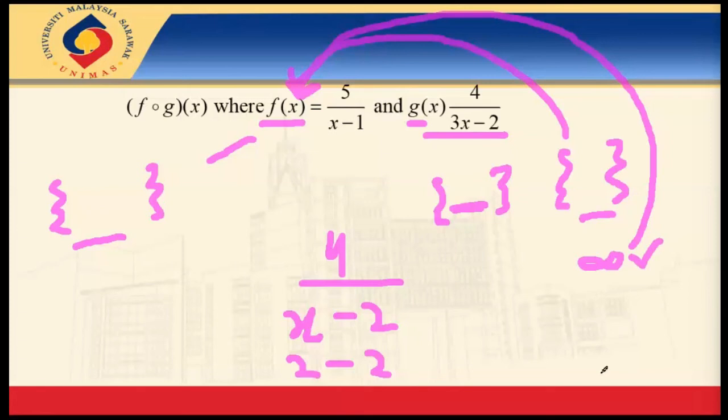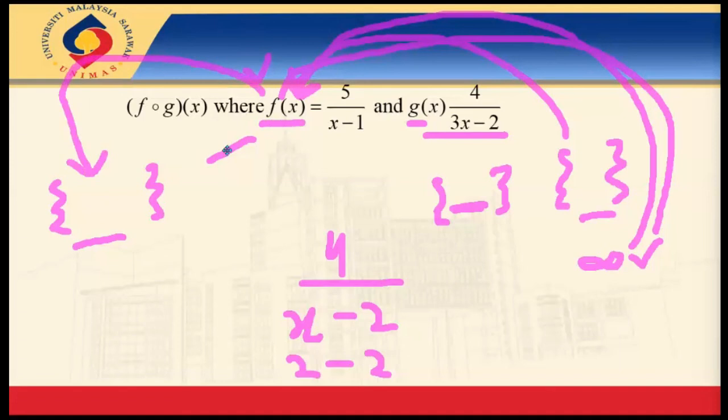And this infinity will go as an input to this, right? So infinity as an input is a problem. This f of x cannot find any value for infinity, because infinity is unknown. So if f of x cannot handle infinity, then we cannot find the domain of this, because the function cannot generate any value.